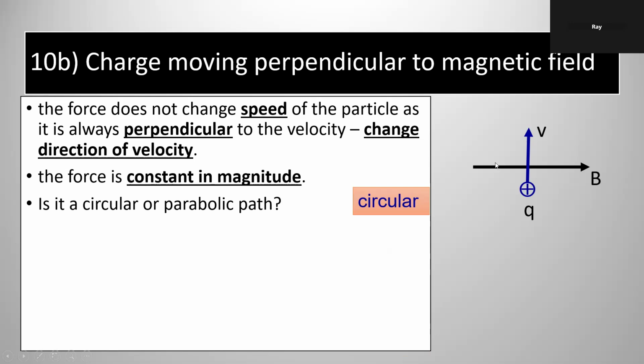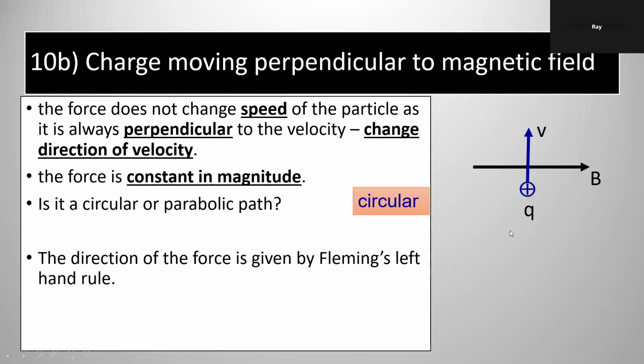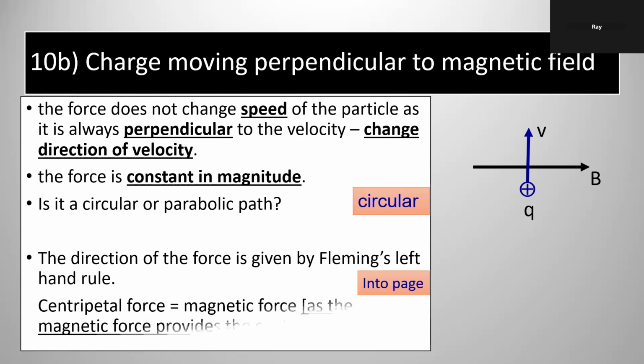Charge moving perpendicular to the field. Direction of force is using Fleming's rule, into the page. So in this case, centripetal force equals magnetic force. The magnetic force provides the centripetal force.